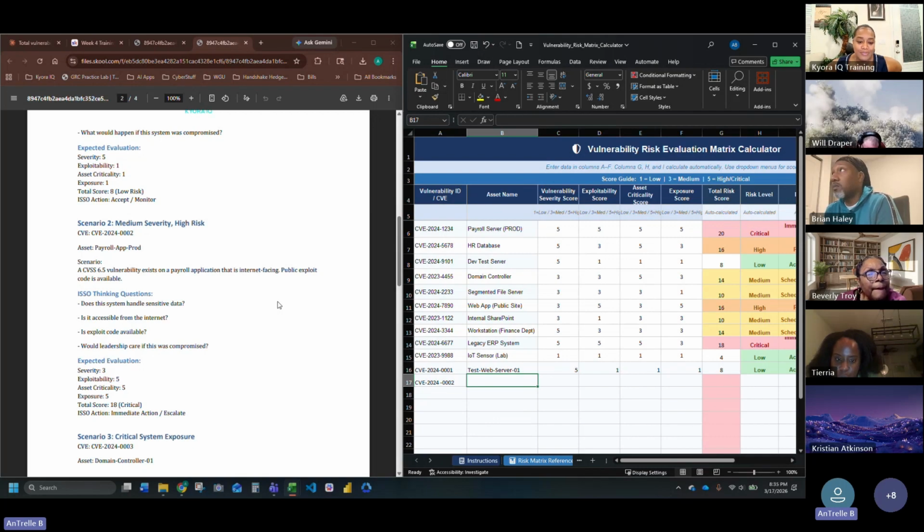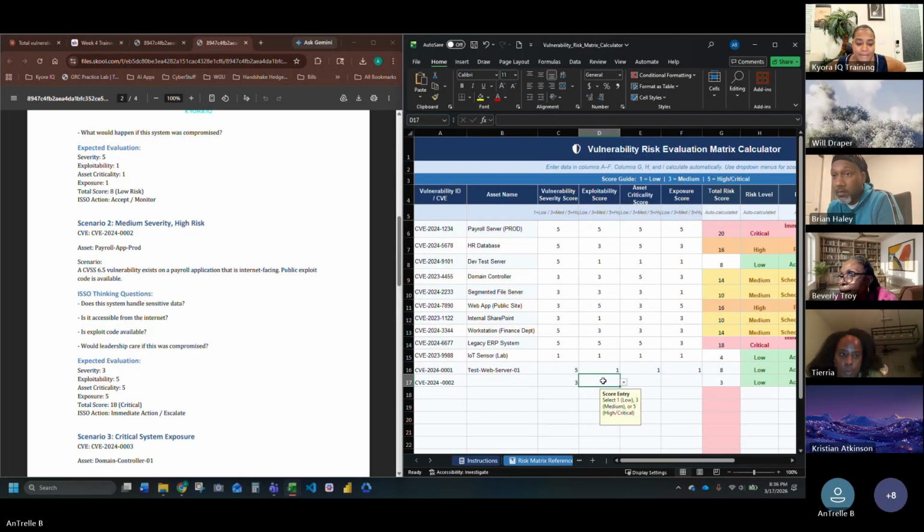The vulnerability severity score is a 6.5, so that was a medium. And then the exploitability score: public exploit code is available, so that's going to be a high critical.